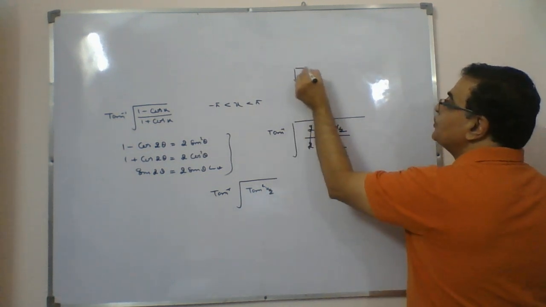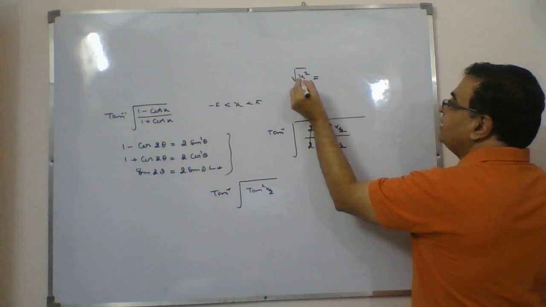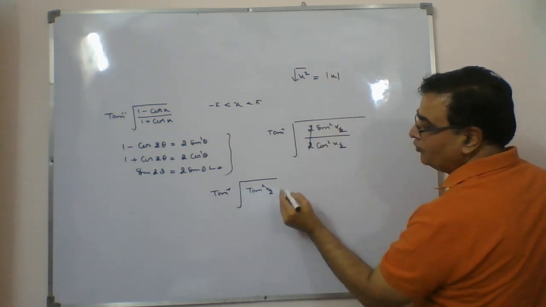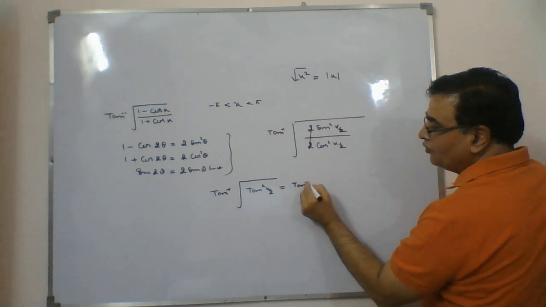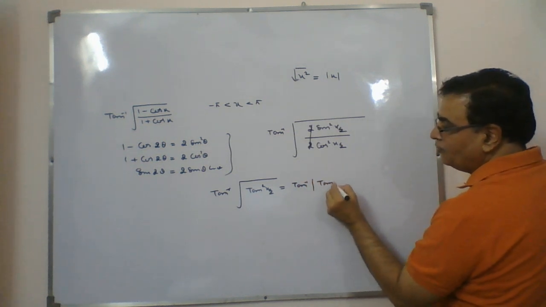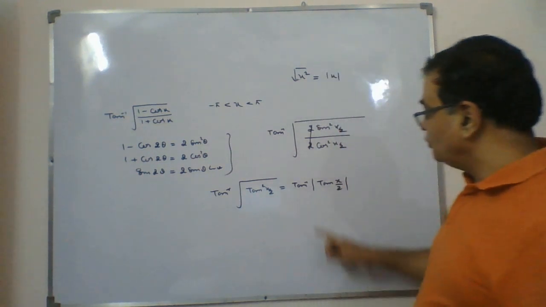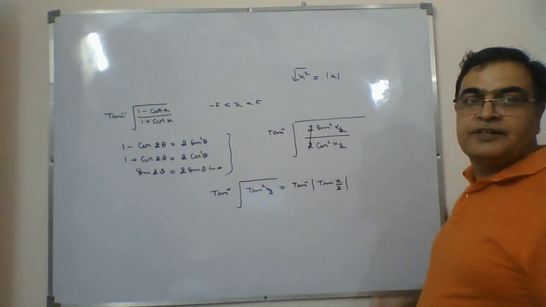One more result you should remember: whenever under root x square is there, its result should be modulus x. So here it will come out to be tan inverse modulus of tan x by 2.